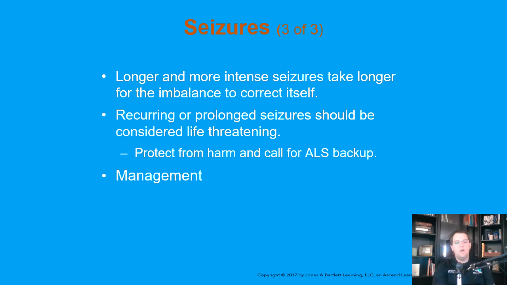The longer and harder that a seizure is, the longer it takes for the imbalance to correct itself, if it will correct at all. Prolonged seizures can be life-threatening. We call that status epilepticus. Those are seizures that either don't stop or don't have any intervening lucid period in between, and those should be taken seriously. Management for that revolves around keeping them from hurting themselves and trying to keep their airway as clear as possible.